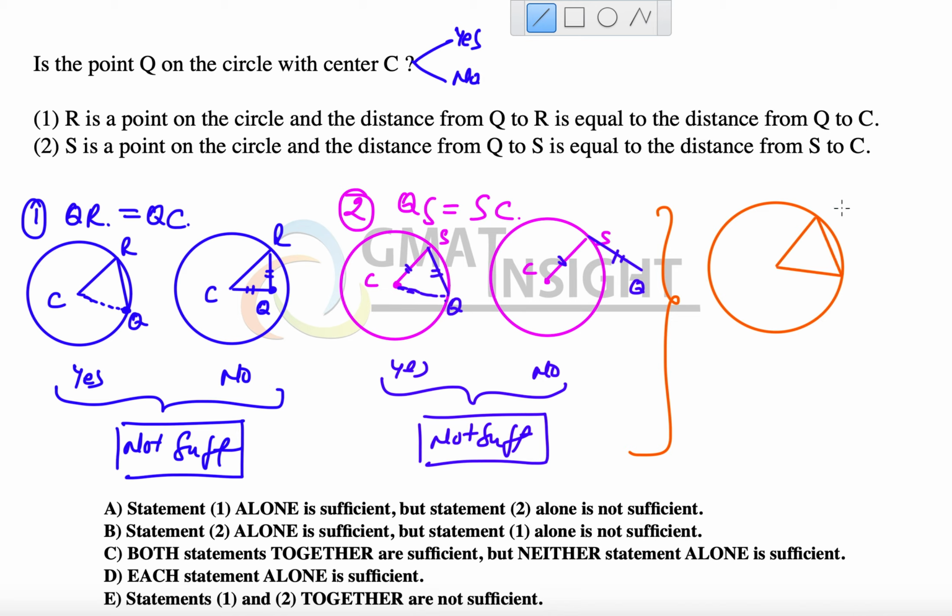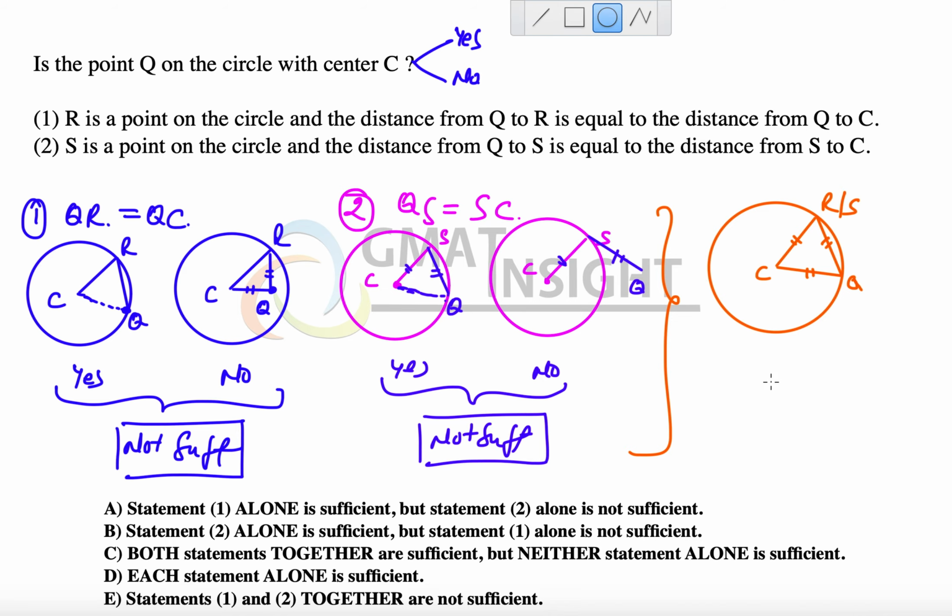Here we have drawn a figure in which this point is C, this point is R, this point is Q, and all three sides are equal. So the first and second statements are both satisfied, and where we are taking point R, we are taking point S as well, exactly there.